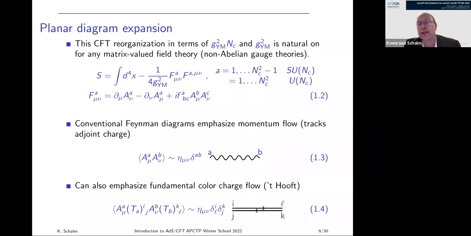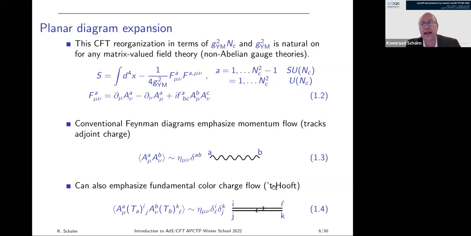And if you study Feynman diagrams carefully, what they emphasize is the momentum flow in the system. It tracks the adjoint charge. There's a single index here, and there's a single index here. So it tracks the adjoint charge. The propagator tells you that the adjoint charge at the beginning of the propagator should be the same as the adjoint charge at the end of the propagator. Rather obvious, because this is the field that propagates.